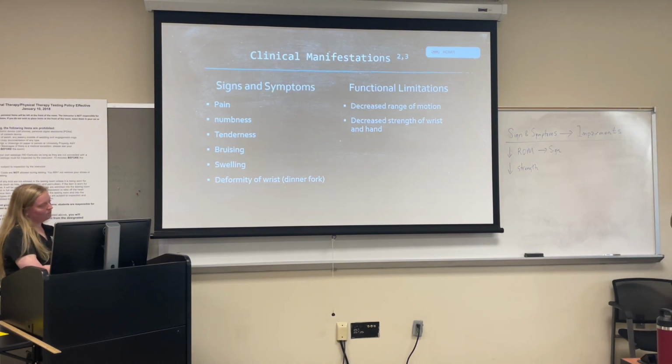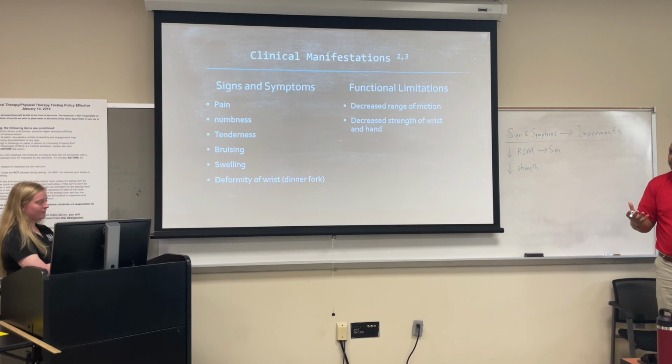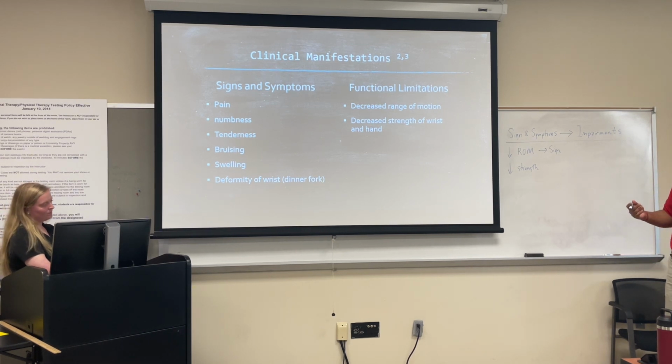A symptom is more of a subjective report, something that we typically can't measure objectively. It's just a report. So pain would be a symptom. We really can't measure pain objectively. We just have to go off of what the patient says, even if we use a pain scale. We try to get an objective number when we utilize a pain scale, but it's still a subjective report, right? So therefore it would be a symptom.